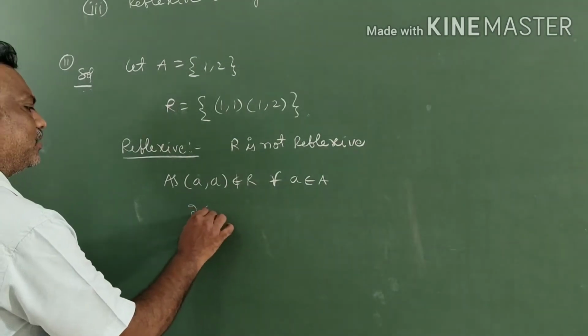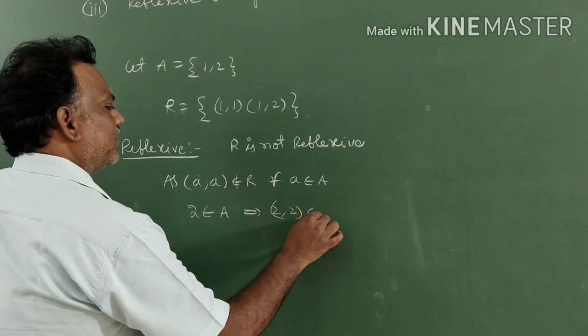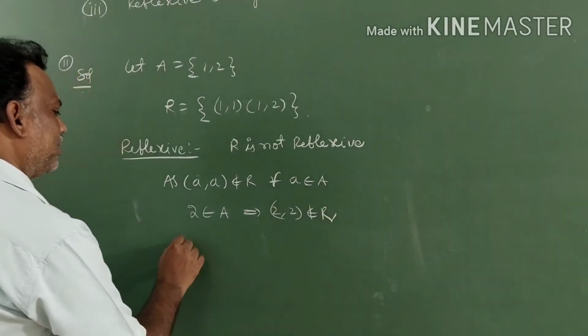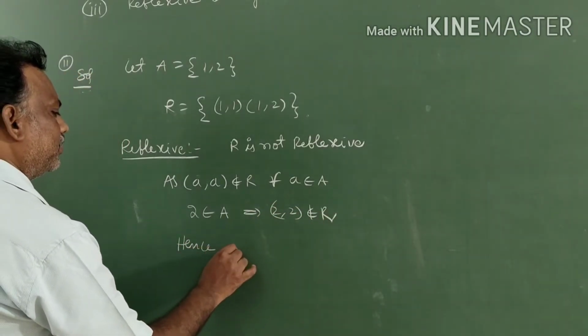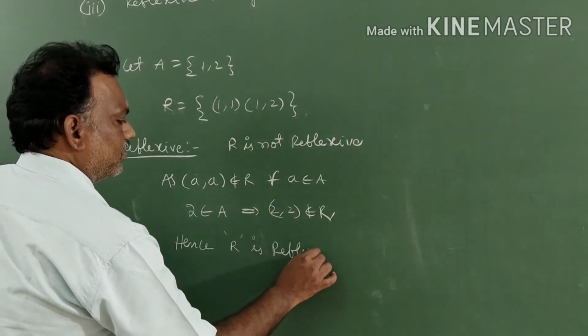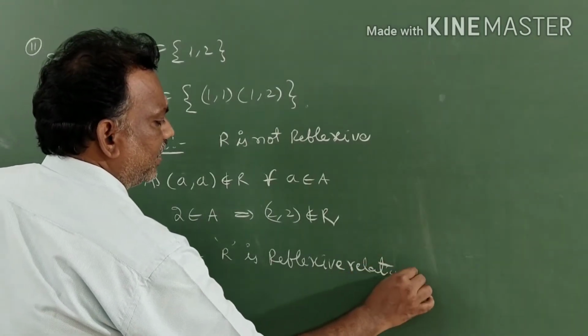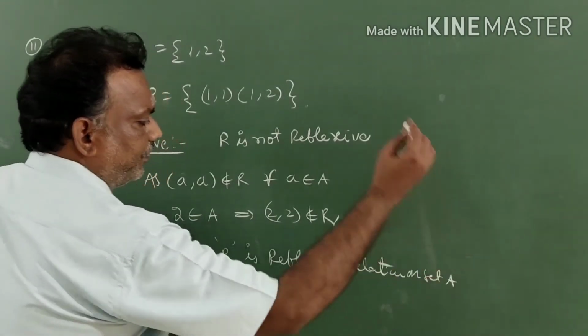So 2 belongs to that particular set A, that implies (2, 2) does not belong to R. Hence R is not a reflexive relation on set A.